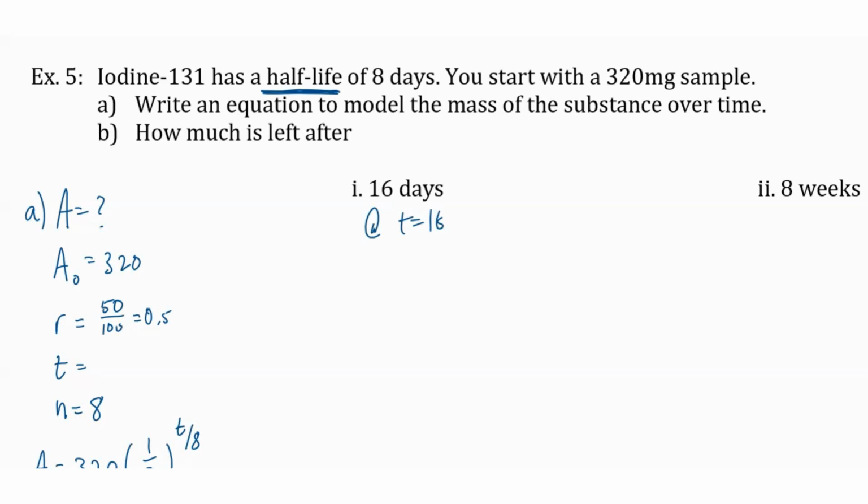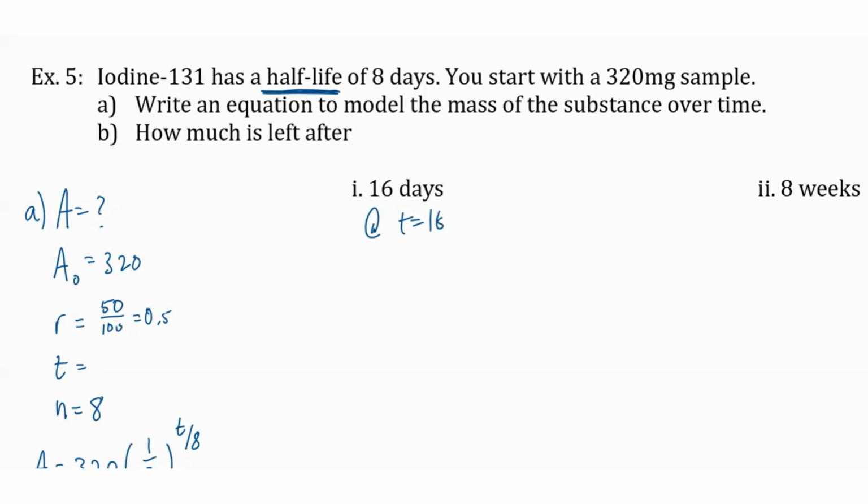But what's happening is when the radiation takes place, it's changing from iodine to some other substance. That's what the decay is. And usually it doesn't actually disappear. It just becomes something else. And it lets off a dangerous radiation when that happens.